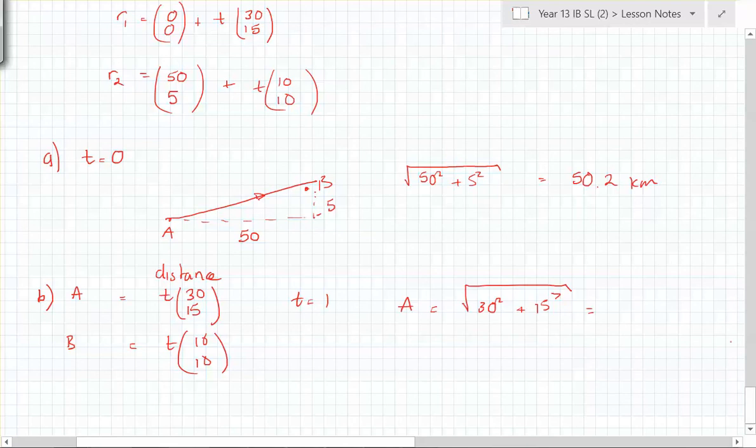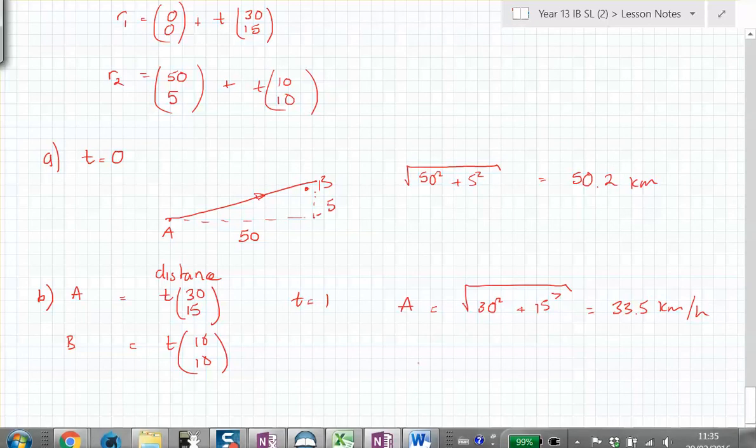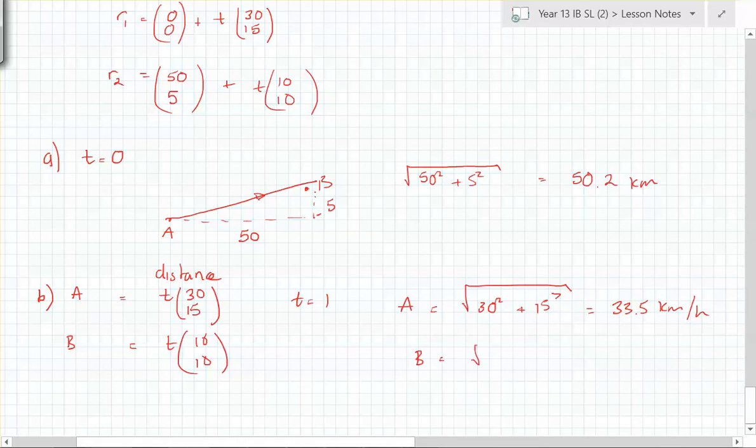We know t is 1, so we get the distance of 33.5 kilometres in 1 hour, so it's kilometres per hour straight away. And boat B, the same thing. 10 squared plus 10 squared gives us an answer of 14.1 kilometres per hour.